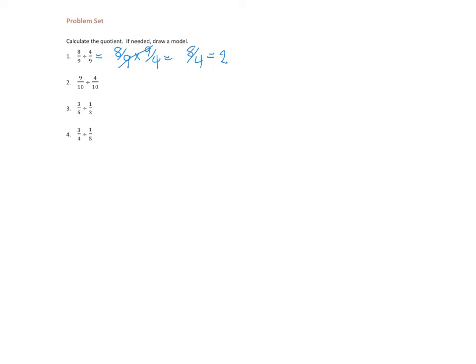So if I drew it out, I'm going to draw right here. Here's my 0. And I've got to go with ninths. So 1 ninth, 2 ninths, 3 ninths, 4 ninths, 5 ninths, 6 ninths, 7 ninths, 8 ninths, 9 ninths. 9 ninths is 1, and it said I only needed to go to 8 ninths.